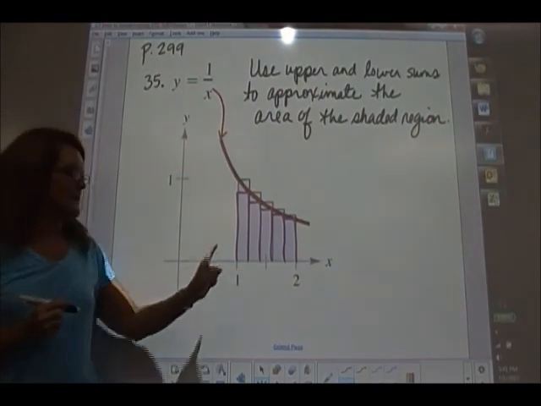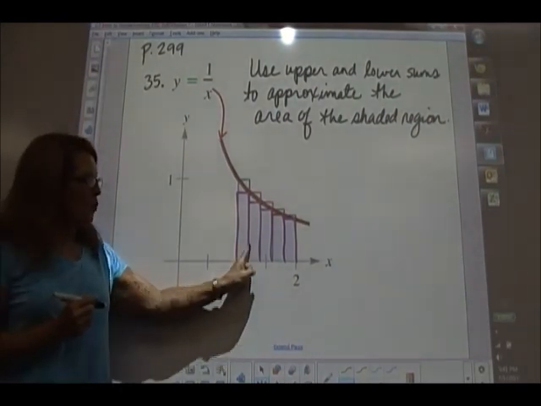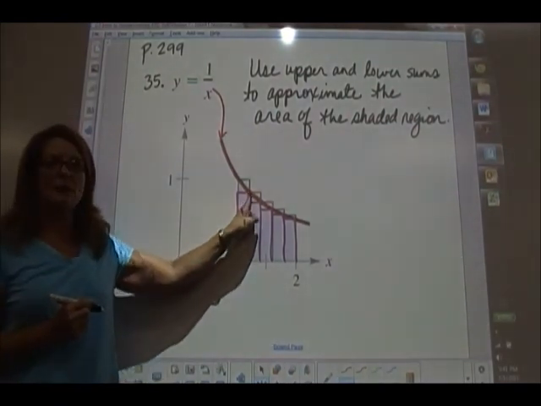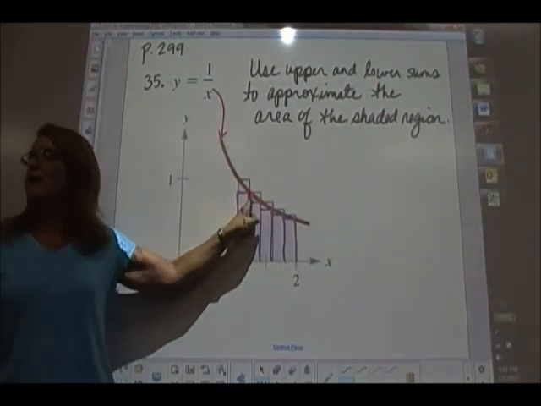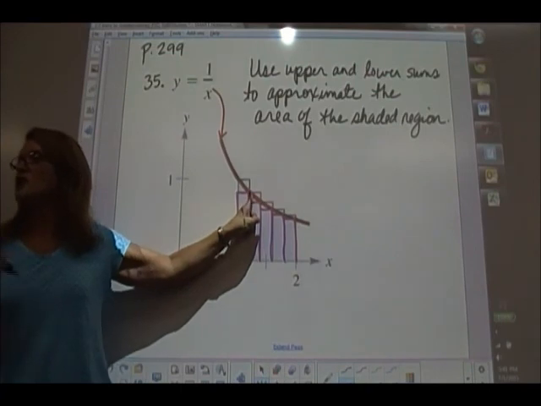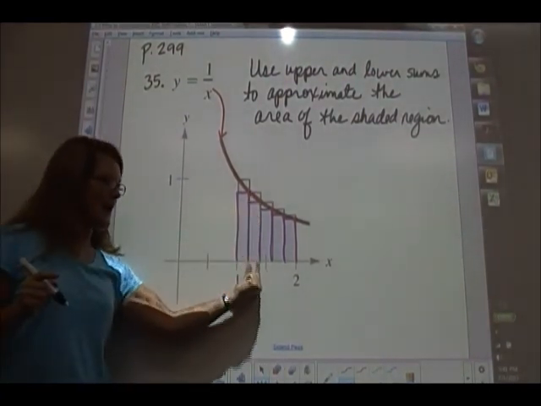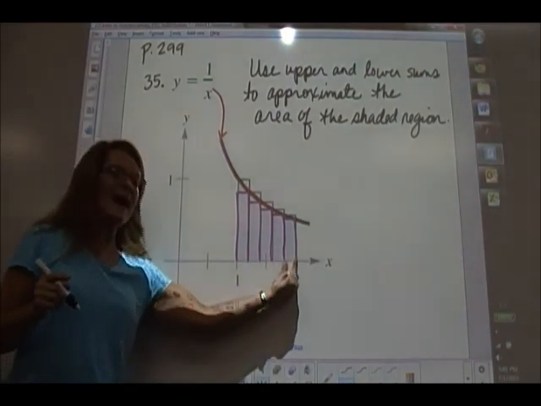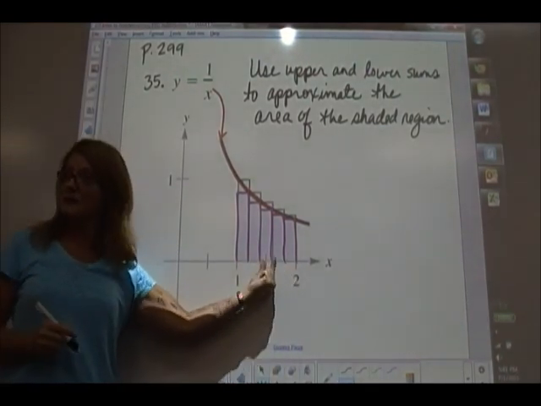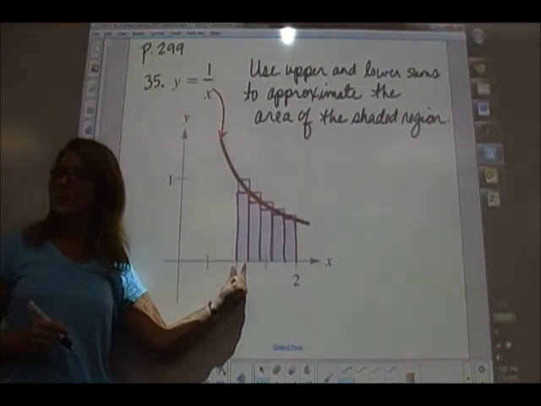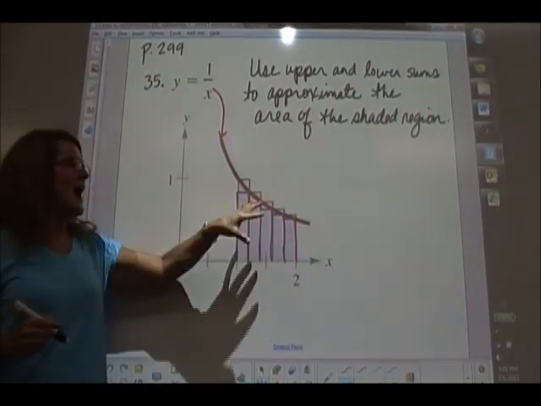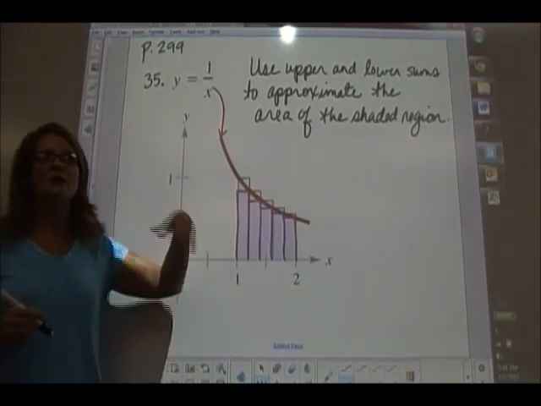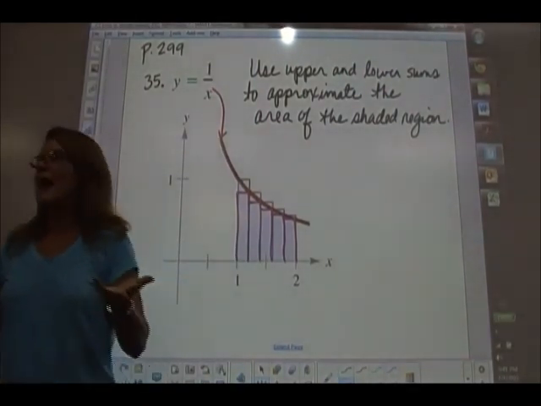In every case when we're finding approximations, we want one corner of every rectangle to touch the curve, and we want every rectangle to be divided into equal increments. So if I found the area of all the purple rectangles, I would have a low estimate.